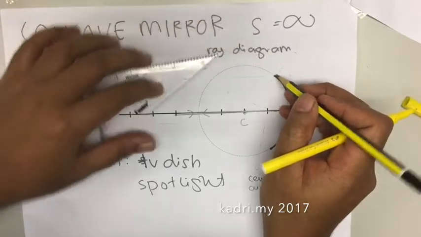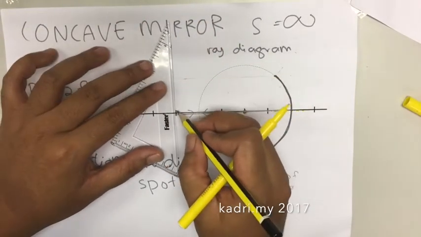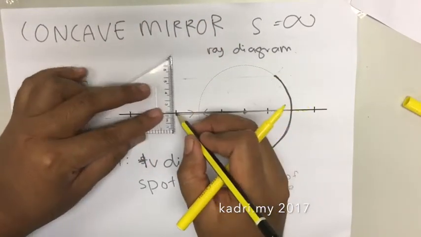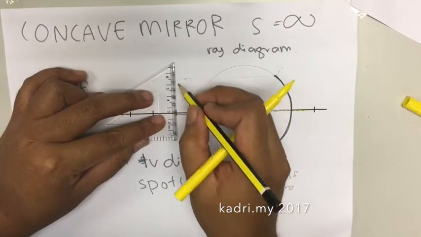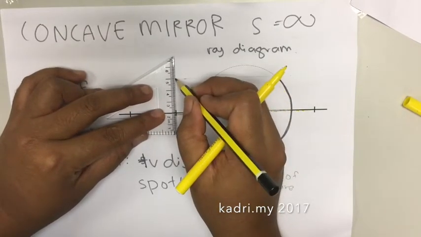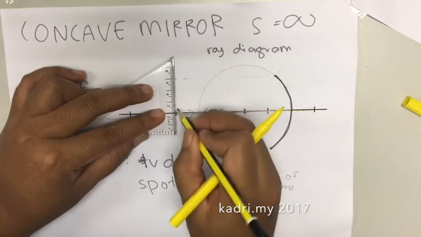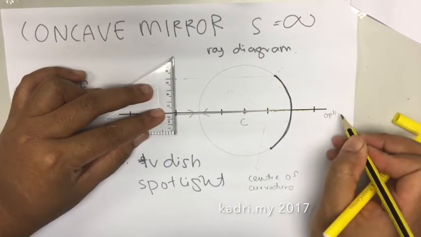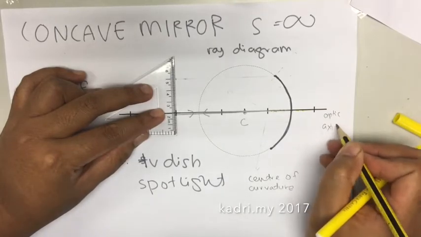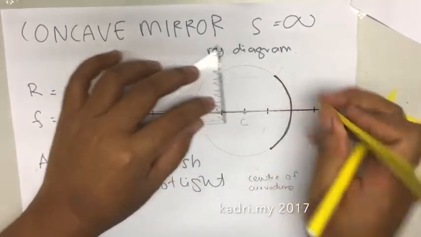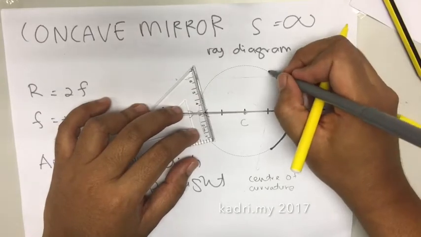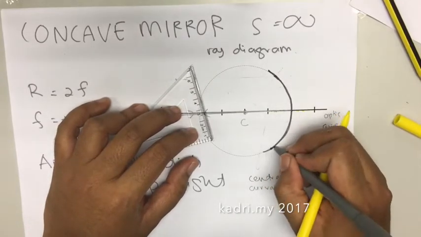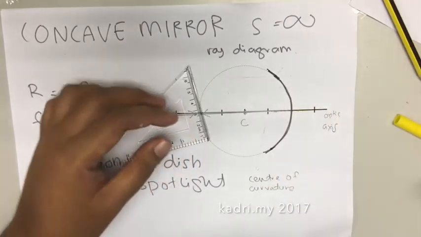For example, a ray from here, let's say 3 centimeter from this axis. This axis is called the optic axis. I extend the mirror a little bit so we can see more clearly.